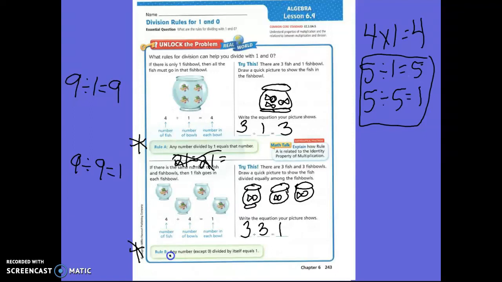Rule B: any number except 0 divided by itself equals 1. 21 divided by 21. Are you dividing that number by itself? Yes. So what should the answer be? 1. It should be 1.